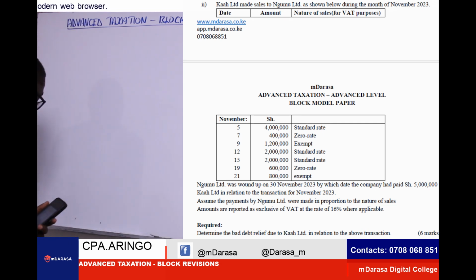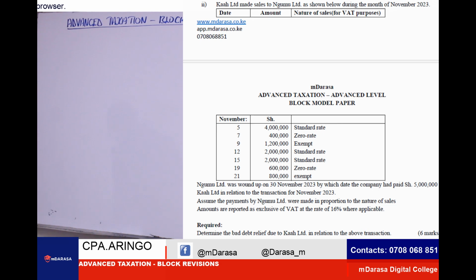And how will you go about it? This is what will always be required on that case. I want us to determine the total values of these items inclusive of VAT.